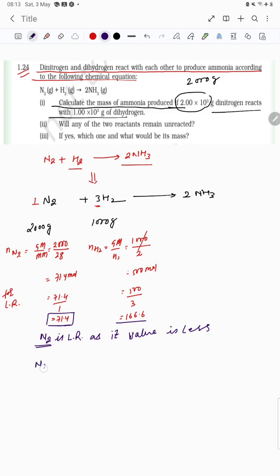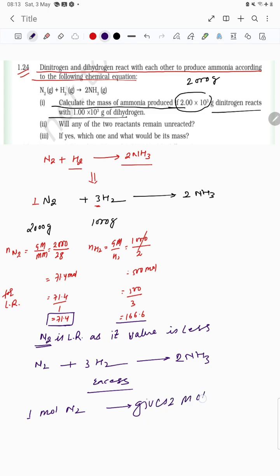Now again write the equation, N2 plus 3H2 giving 2NH3. This H2 is in excess, student, there is no use of this now because N2 is deciding the product. So 1 mole N2 gives 2 mole NH3.